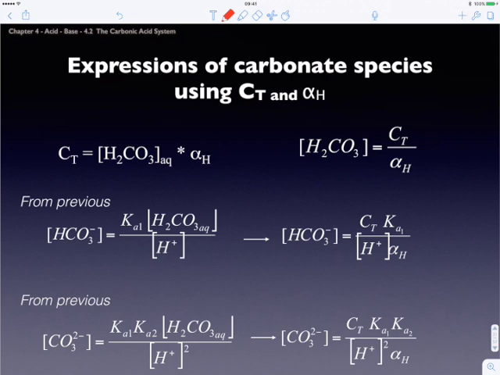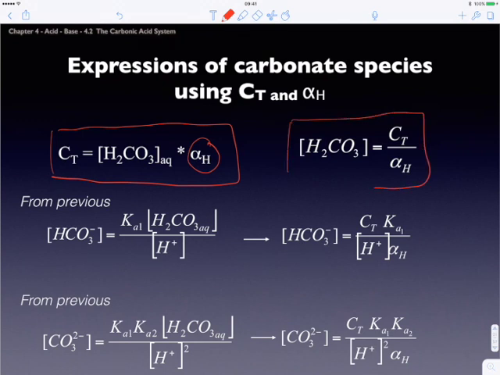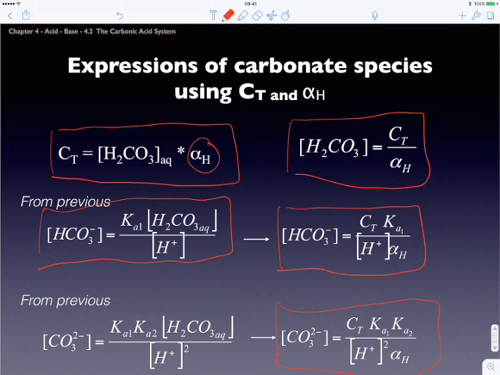It's easier, instead of entering every time and doing all the calculation over again, to calculate this alpha H and use this formula to calculate the total carbonate, or the carbonic acid, or the bicarbonate, or again the carbonate system here. So use this slide, use this simplification to solve a couple of exercises in the assignment.